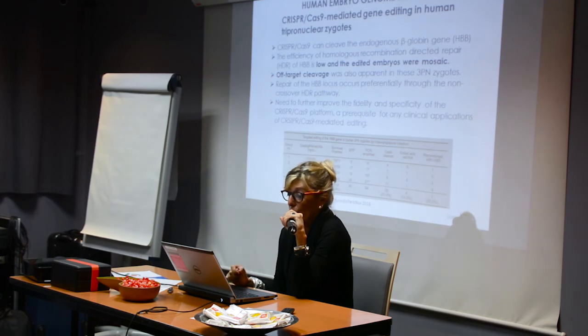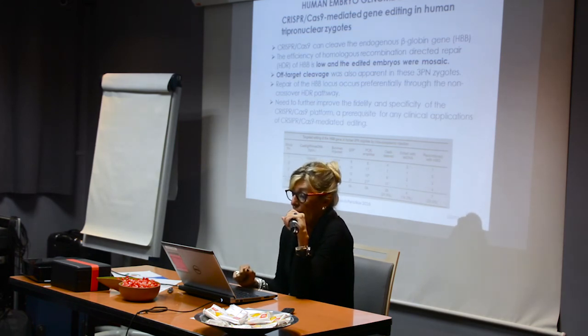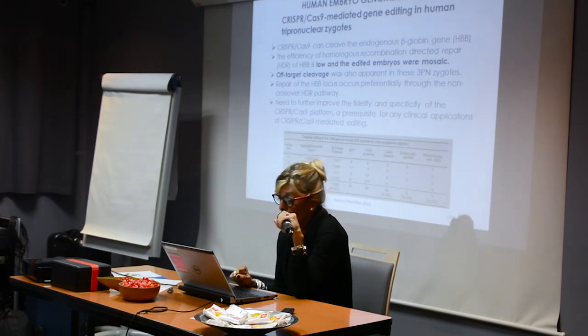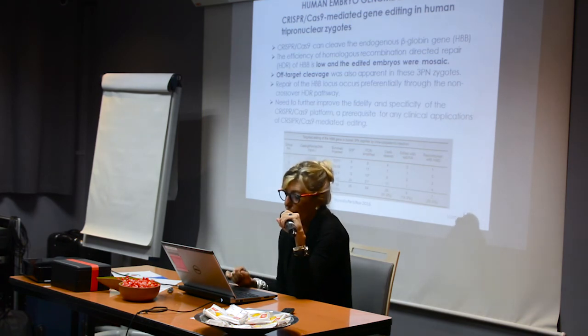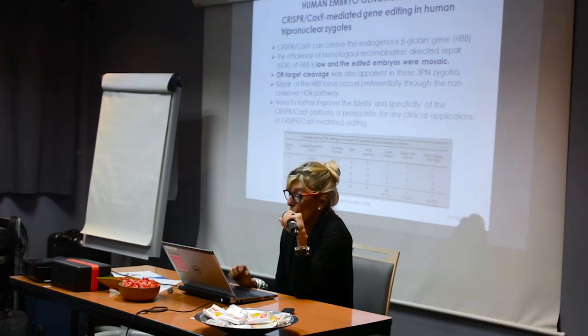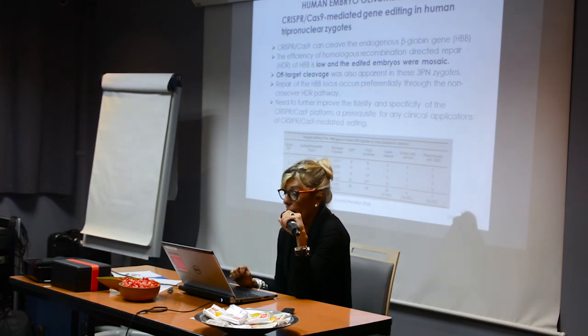In the first paper that was published, they used the CRISPR-Cas system to cleave the endogenous beta-globin gene. They showed that the efficiency was low and the edited embryos were mosaic, as could be expected. Off-target cleavage was also apparent in these tripronuclear zygotes, and the repair of the beta-globin gene locus occurs preferentially through the non-crossover pathway.